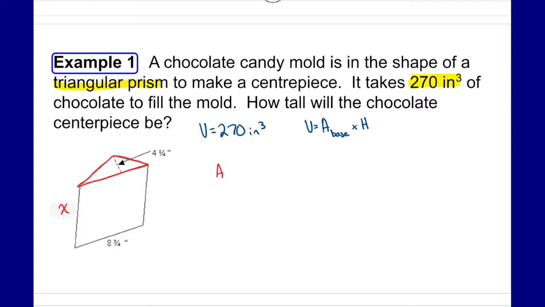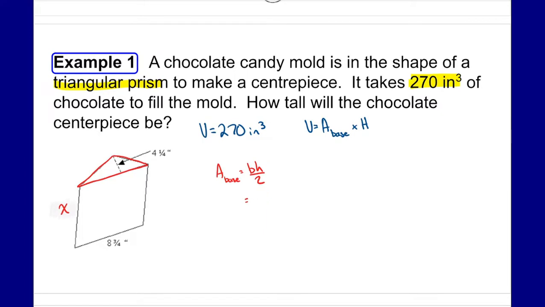Right? So if I find the area of that base, because it's a triangle, base times height divided by 2. So in this case, 4 1/4 inch is basically 4.25. That is actually considered my height. So actually, let me erase that and we'll put it second.